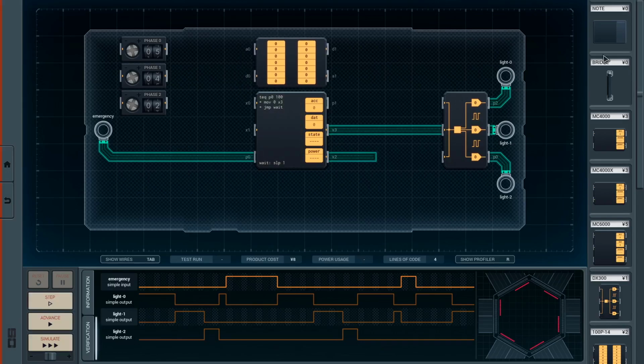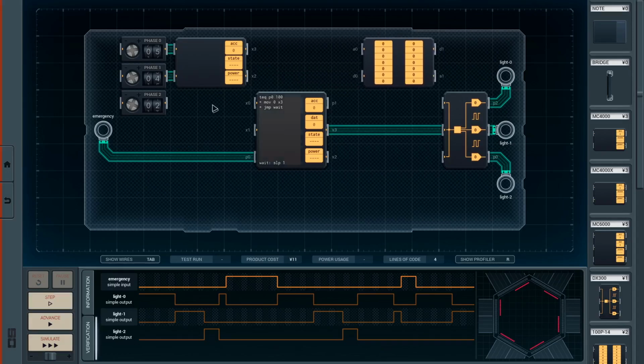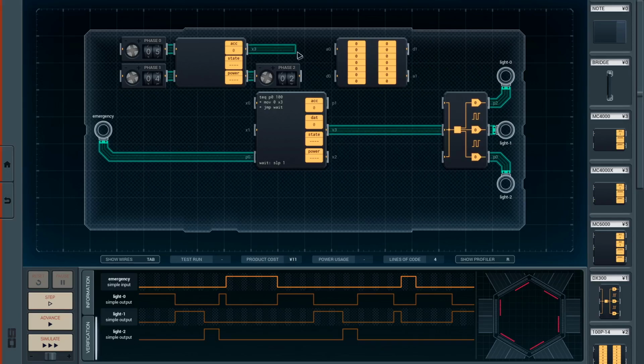Ideas are coming to me. Okay, so, an MC4000X goes someplace. X0, X1, X2, and X3 is your data. And then this will talk to a different data and probably address there.